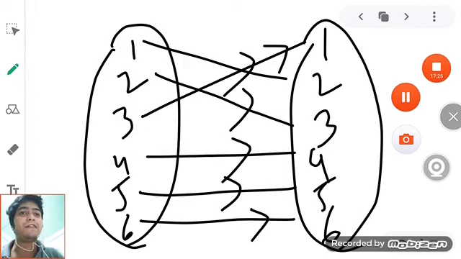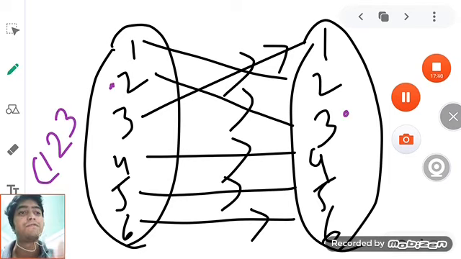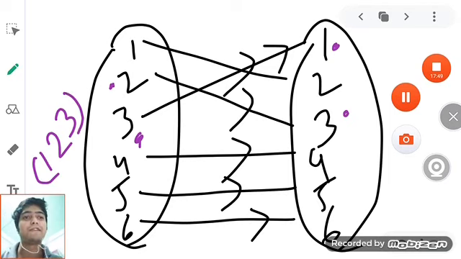If you have to write this one down, you will write 1 goes to 2, 2 goes to 3, and 3 goes to 1, so you will have to close it.